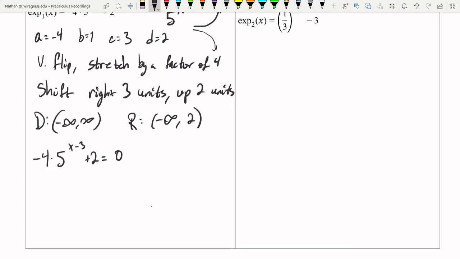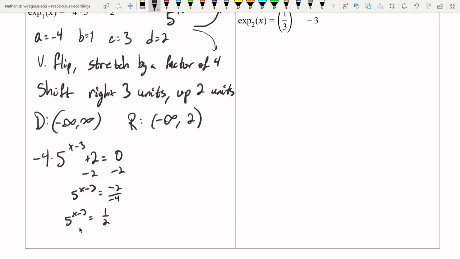We can look at a graph and find it using Desmos, but we can just solve it here. -4 times 5^(x-3) equals... I'm just going to divide by 4 as well. So -2 over -4 is going to be 1/2.